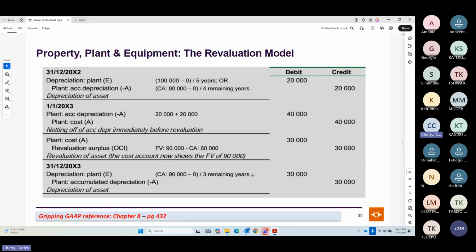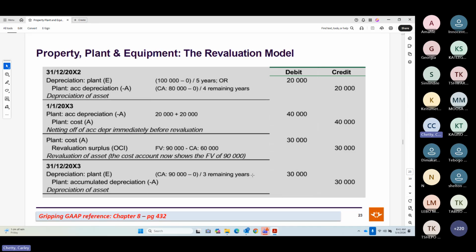The question told us on 1 Jan 20X1, we had a total useful life of 5 years. Then we depreciated the asset for 20X1 and 20X2, and that left a 3-year remaining useful life. And it is that 3 years that we use for depreciation.